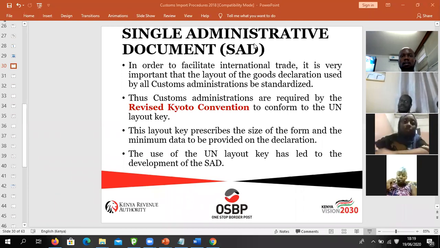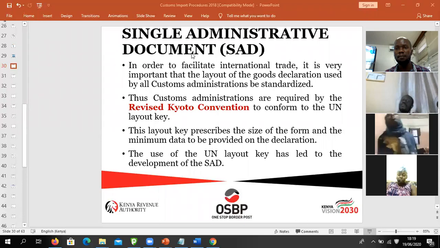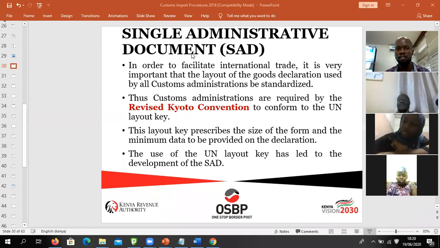This particular format is one that any individual will be familiar with, and therefore in the normal execution of customs duty can pinpoint areas of concern and mark out specific areas. Let's say, for example, the importer, the exporter, the country of origin, the destination of such goods, the quantities declared, the taxes paid, among other areas within a single administrative document.